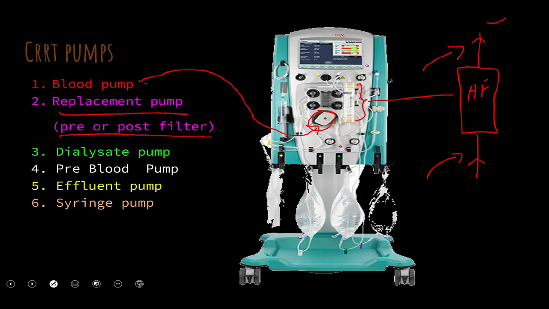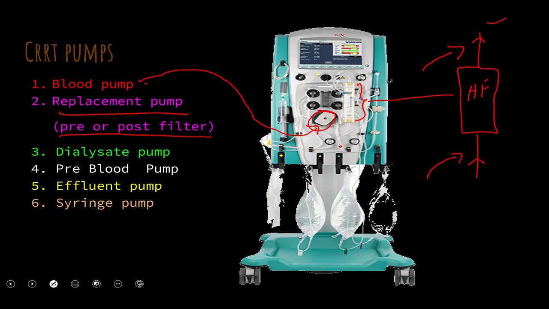The reason this is important is if we replace fluids before the blood gets into the hemofilter, we're going to have hemodilution. The blood is going to be diluted, so once it gets into the hemofilter, it's not going to be filtered properly.